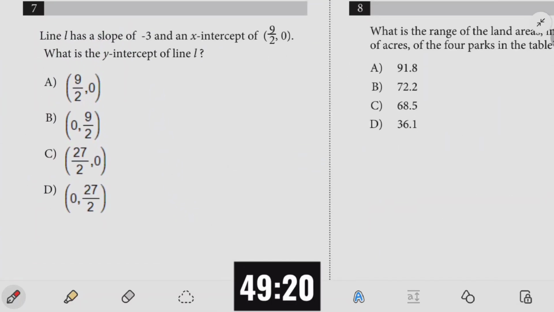Has a slope of -3 and x-intercept, and so on. What is the y-intercept of the line? I'm going to do point-slope actually. y equals -3x minus 9 over 2. So we could distribute that actually.